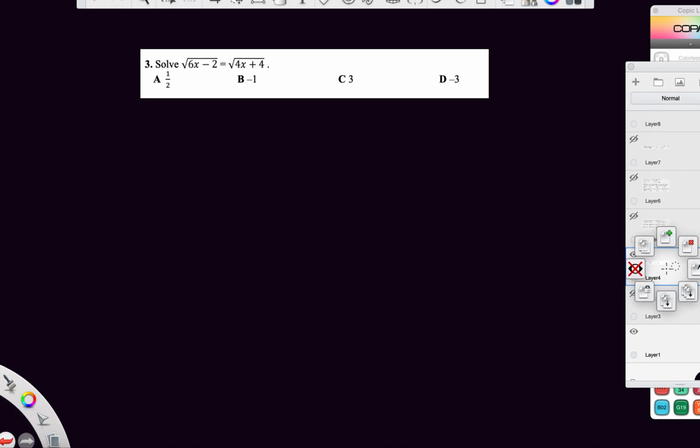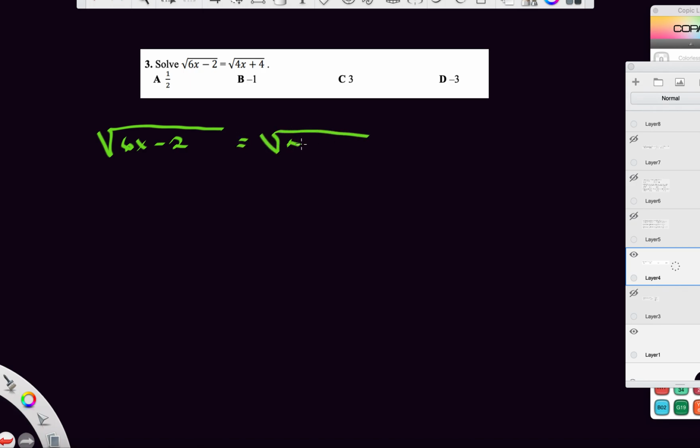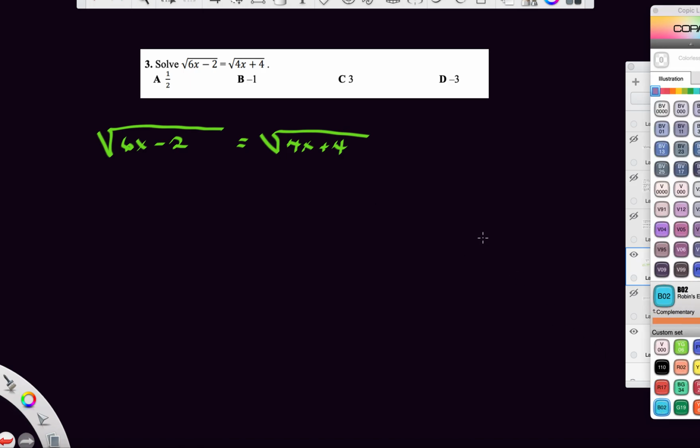Solving radical functions is super simple. You have radical 6x minus 2 equals radical 4x plus 4. Sorry about my writing. It takes a little while for me to get the hang of it. Basically, what you're going to do is square both sides.